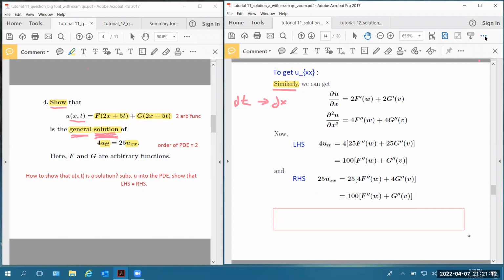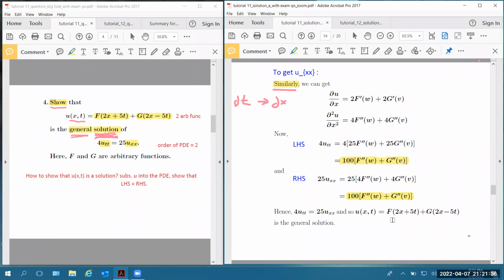All right, so obviously, we can see that this one and this one are the same, right? They are the same, right? Yeah, so meaning that your 4 UTT equal to 25 UXX. All right, so that means you get the PDE, your left-hand side equal to right-hand side. So therefore, this U is the solution.